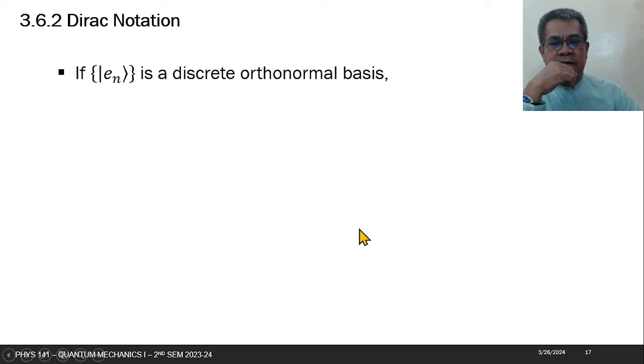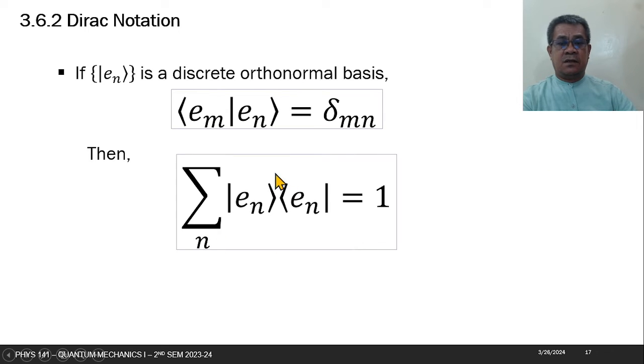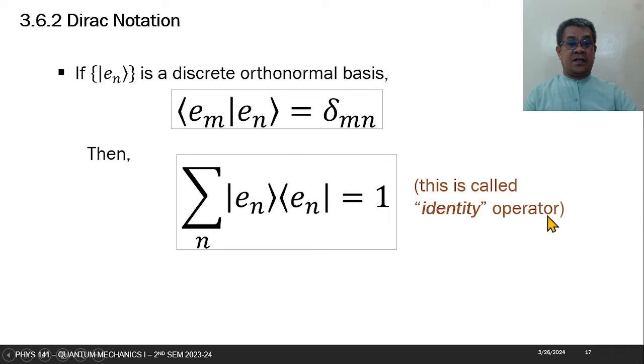Okay, so for the basis En, for a discrete orthonormal basis, we have this inner product, and this is a Kronecker delta. We know this from our previous topic. So then if you sum over all n, the sum of the projectors of En should be equal to 1. This is called the identity operator.